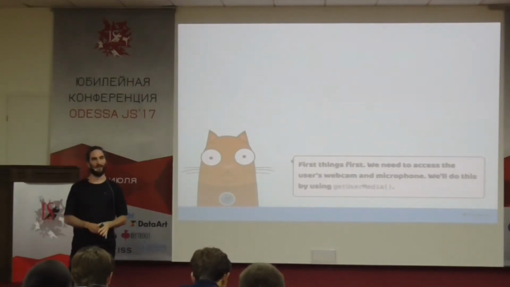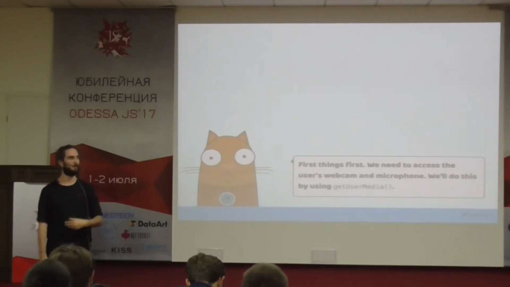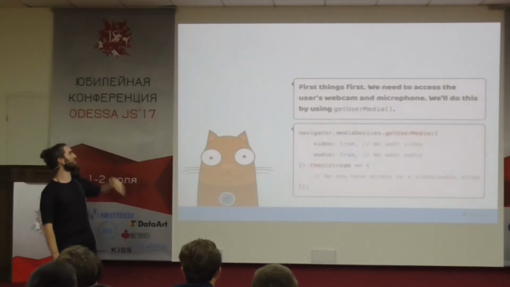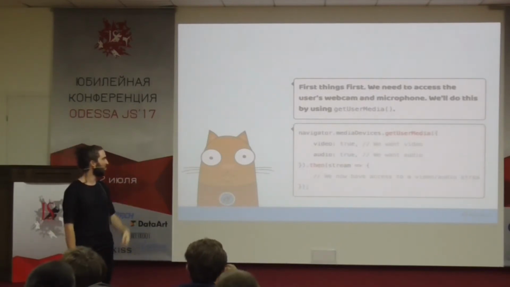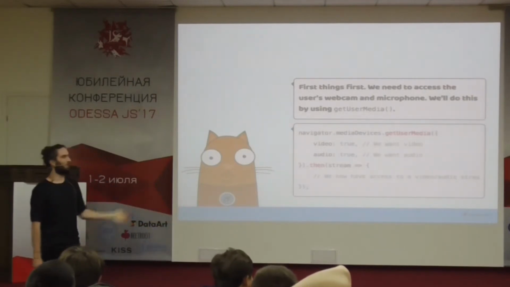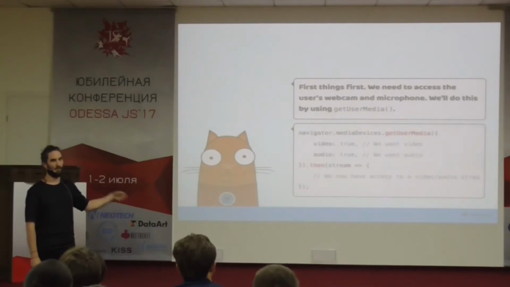To get started, we have to do getUserMedia, because we want to get the video, we want to get the microphone input. This can be done through navigator.mediaDevices.getUserMedia. I say I want video, I say I want audio, and then it will return the stream of my video and audio. You can also choose to have only video or only audio.